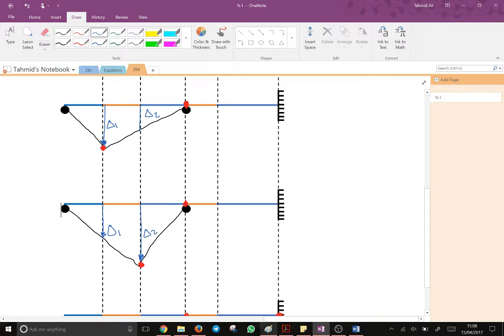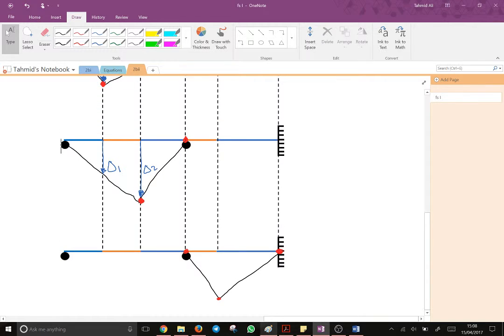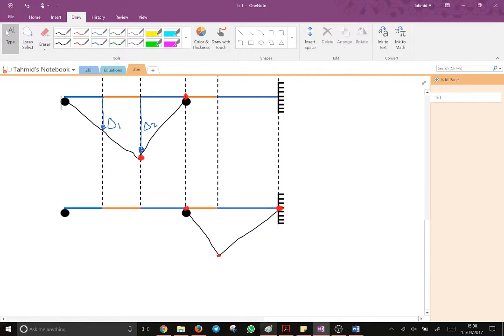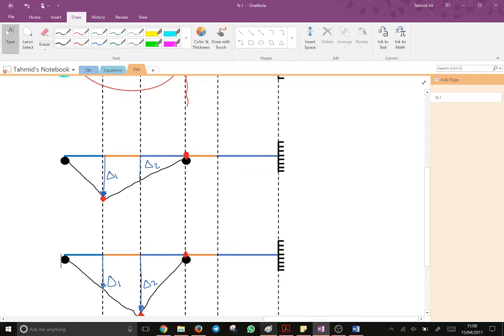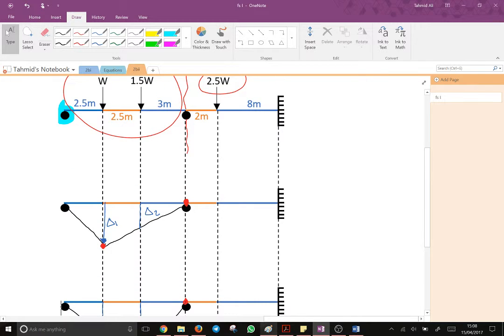So delta 2, and for this one we will have one delta. So these displacements are only under where the loads are acting. So where the loads are acting, you have to show the displacements at these points.